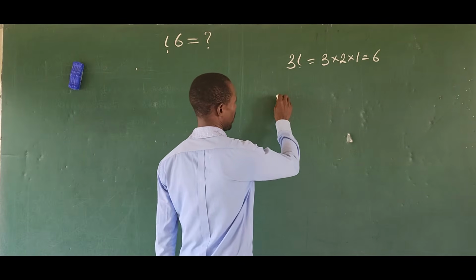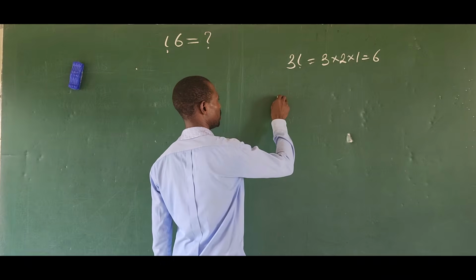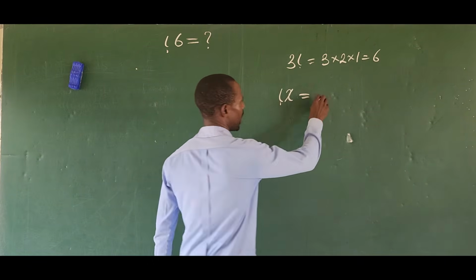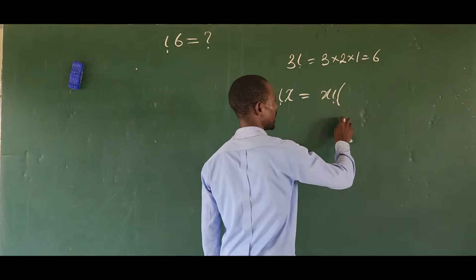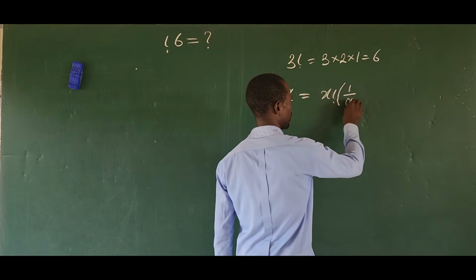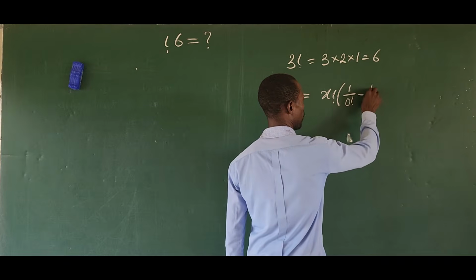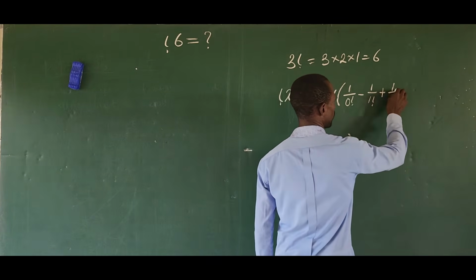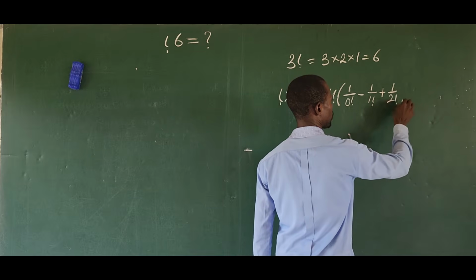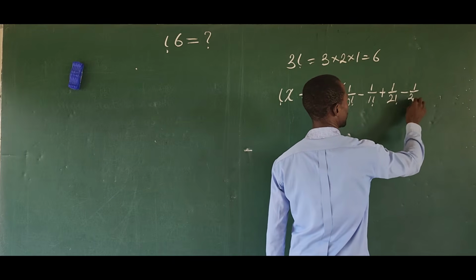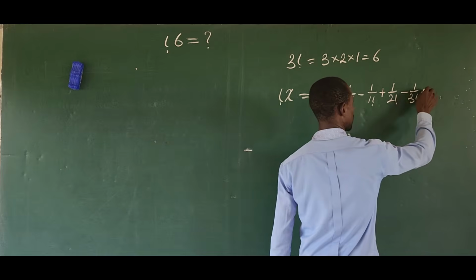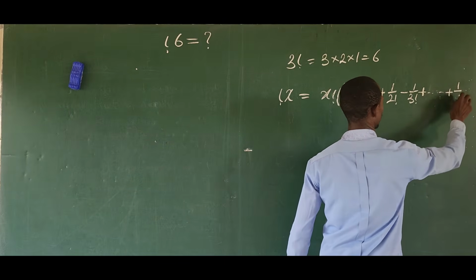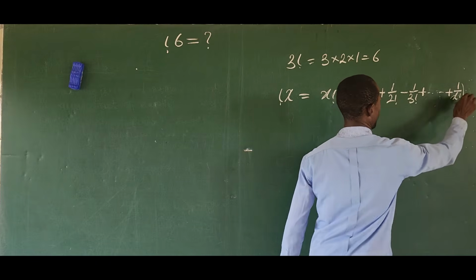For instance, if you have the subfactorial of x, this is simply x factorial, bracket, 1 over 0 factorial, then minus 1 over 1 factorial, then plus 1 over 2 factorial, then minus 1 over 3 factorial, then plus, and we go on that way until we get to plus 1 over x factorial.